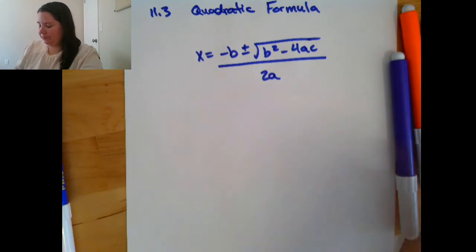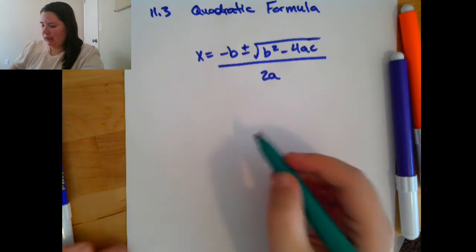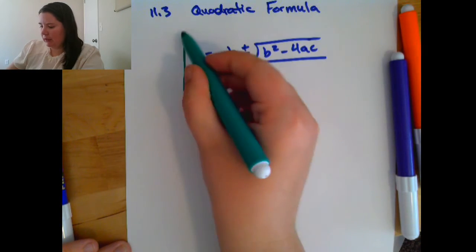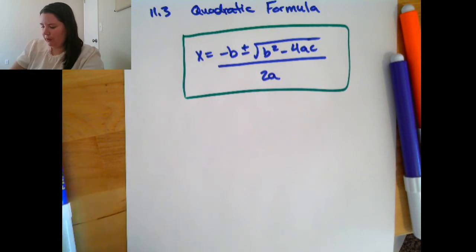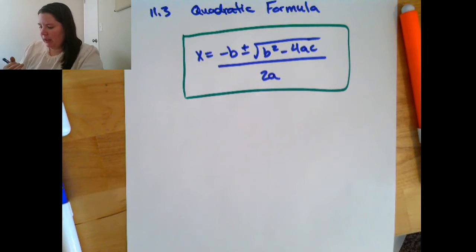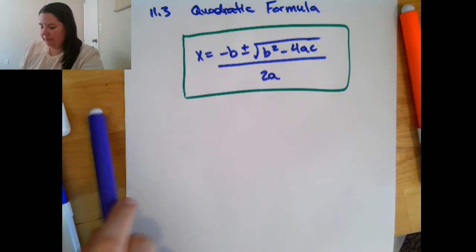Now, this is a lot of alphabet in one formula, so I want to define what these are.